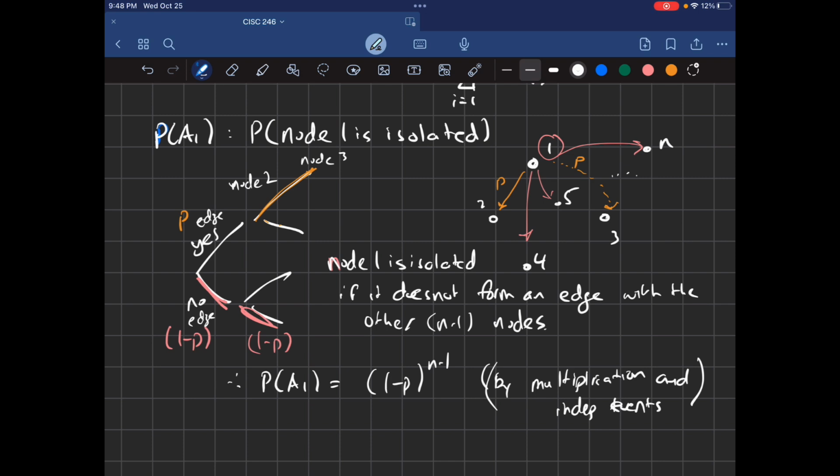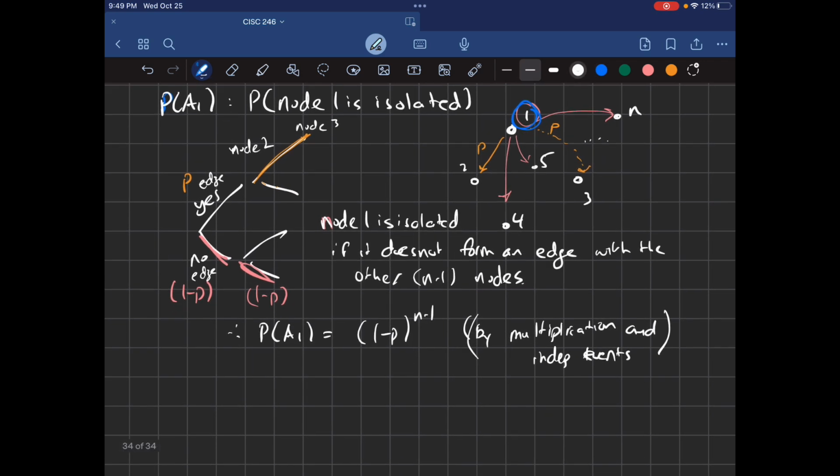This node 1 right here is looking at each other node and saying, okay, yes or no, yes or no, yes or no. And it's saying no with probability 1 minus p, independent of all the other ones. In a similar argument, you could say probability A2 is the same.